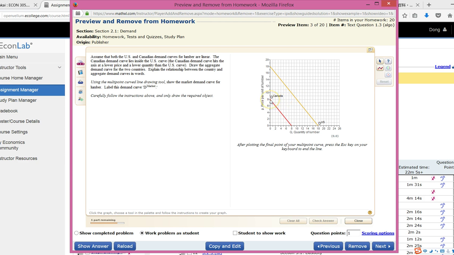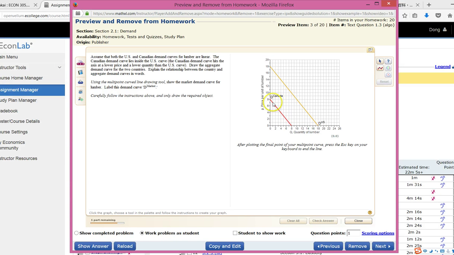So when the price is above 8, the market demand still exists, but it's the same as the US demand. Graphically speaking, that means the market demand curve above the price of 8 coincides with the US demand curve. And this is the portion that many students forgot to draw, and that's why their answer was marked as incorrect.